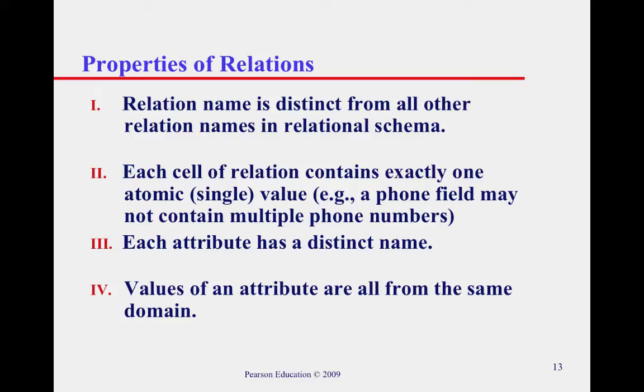They're unique. The next one is actually a fairly big limitation, although it's straightforward, which is each cell of a relation contains exactly one single value. It may not contain multiple values, such as multiple phone numbers. Okay? That actually is a bit of a constraint.